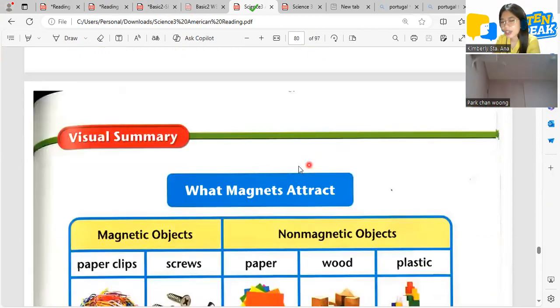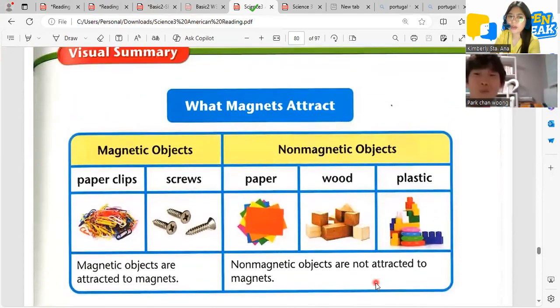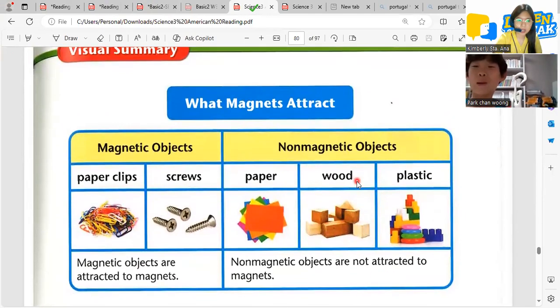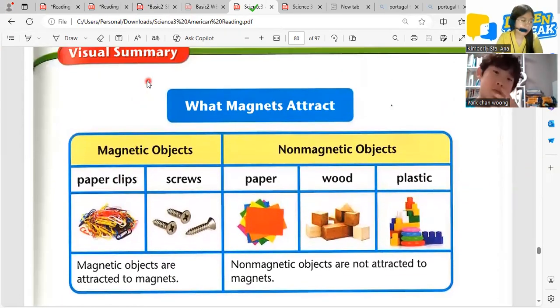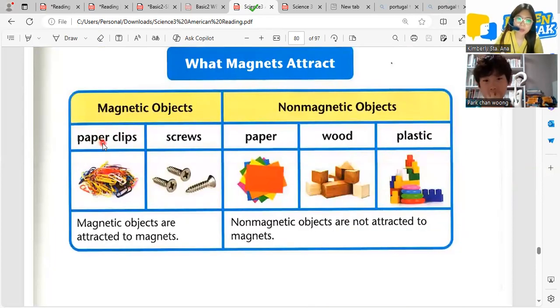Let's have this one, Evan. Let's talk about what magnets can attract and what they cannot. Let's talk about magnetic objects. Paper clips, screws, or any kind of metal, but there are some kinds of metals that can be attracted by a magnet, though most of them are really magnetic.